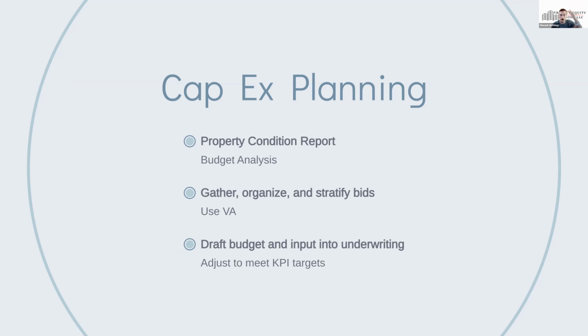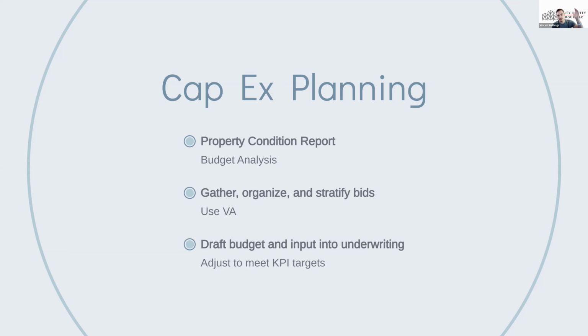All right, so that's the PCR, that first piece of thing you need, and then get all the inspections out there, the inspectors. Once that is done, then you have the report back, then you need to start gathering and organizing bids. The way that we do this is we use Google Drive folders.